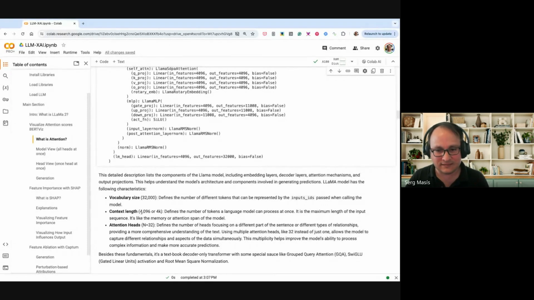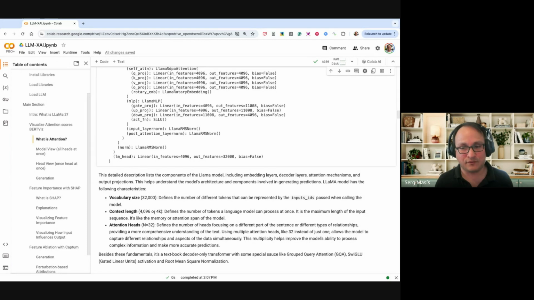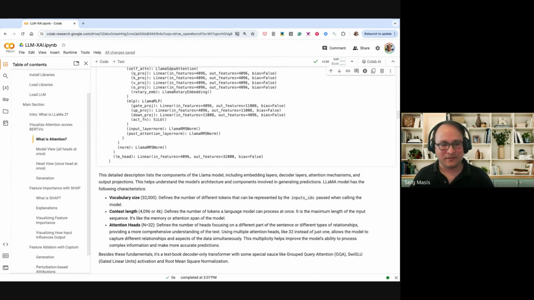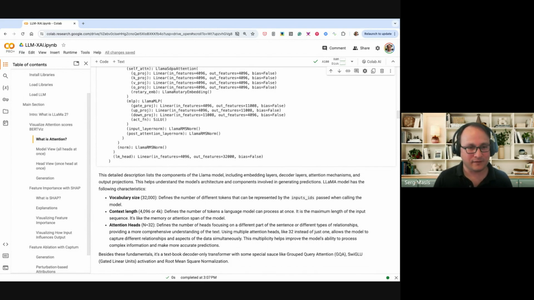And then the context length, and you've probably heard this before, defines the number of tokens the language model can process at once. So in other words, how long can your prompt be? And mind you, the prompt is not necessarily just a question you ask. In many applications, it's far more than that.